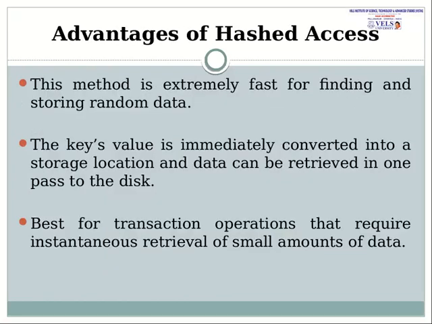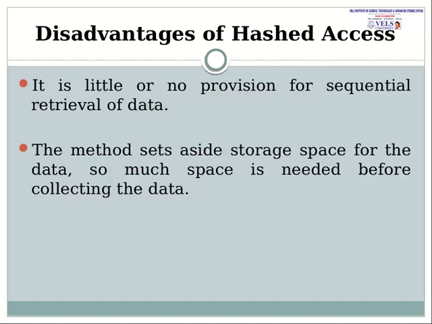The advantage of hashed access is that this method is extremely fast for finding and storing random data. It is best for transaction operations that require instant retrieval of small amounts of data. The disadvantage of hashed access is that there is little or no provision for sequential retrieval of data.